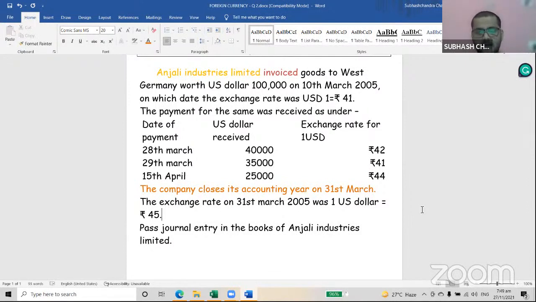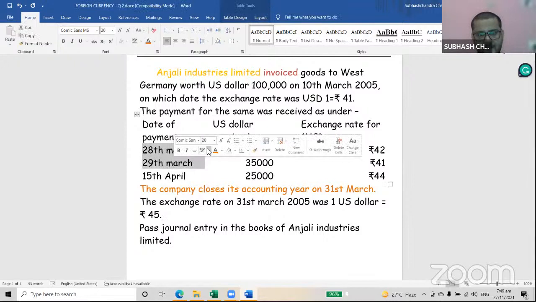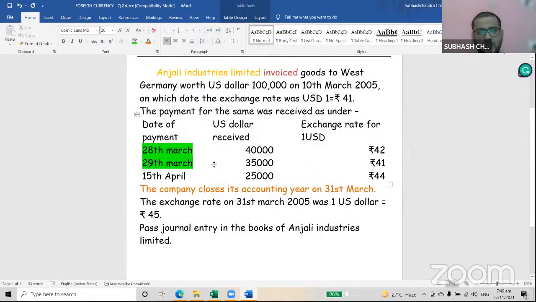Now if our accounting year is April to March, you can find these two dates, 28th March and 29th March, will be in the year 2004-5, because the transaction is on 10th March. And 15th April will be in 2005-6.